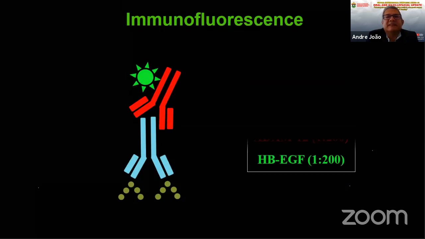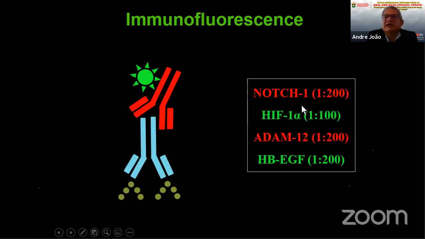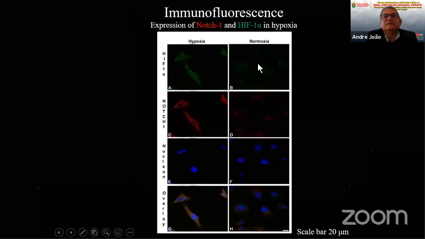For this study, we used a double labeling: HIF-1 alpha in green, NOTCH1 in red, ADAM12 in red, and HB-EGF in green. Here, in this picture, we can see the expression of HIF-1 alpha in green, NOTCH1 in red, in hypoxia condition and normoxia condition.